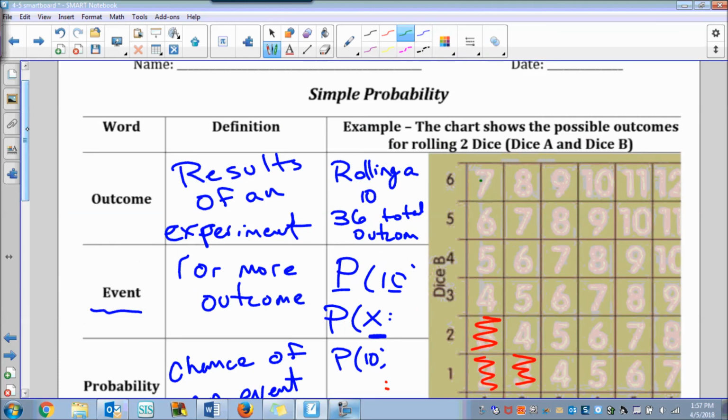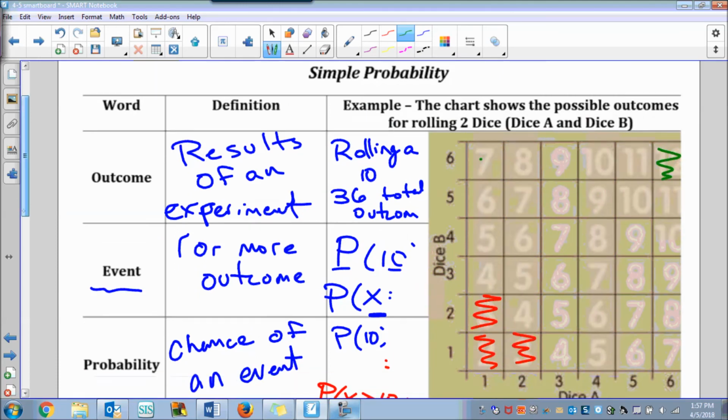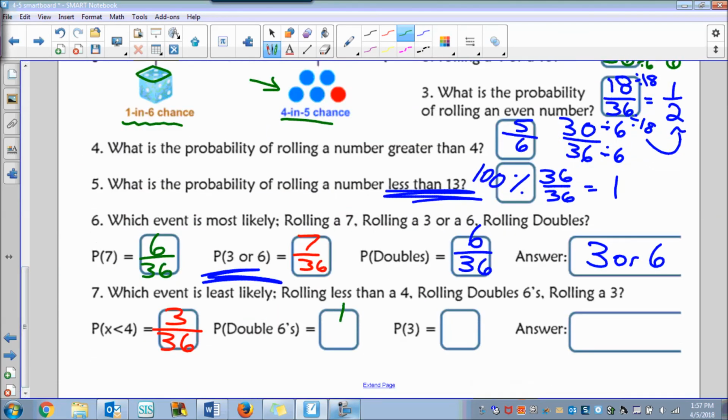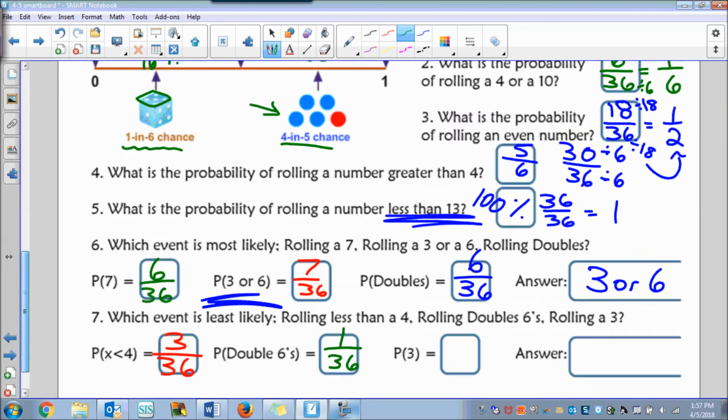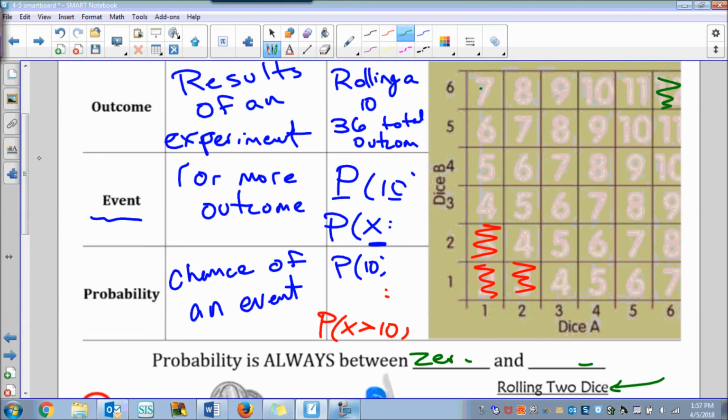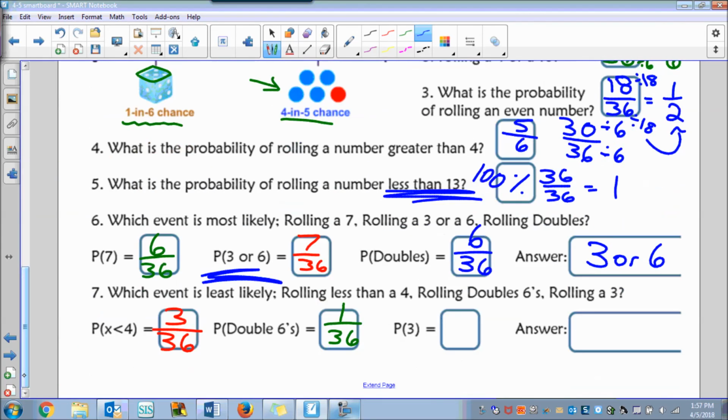That's the only way to get a 12. So it's a 1 out of 36 chance. And rolling a 3, that's 3, that's 3, so there's 2 options out of the total of 36. So 2 desired possible outcomes versus 36 total possible outcomes. The least likely to happen is double sixes. That's just a 1 out of 36 chance.